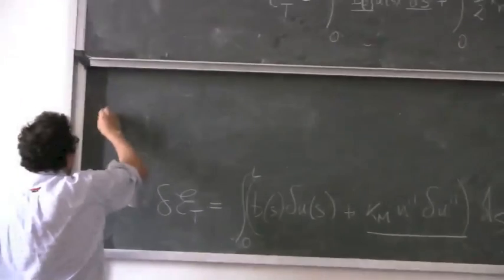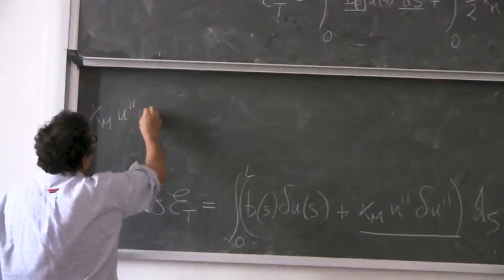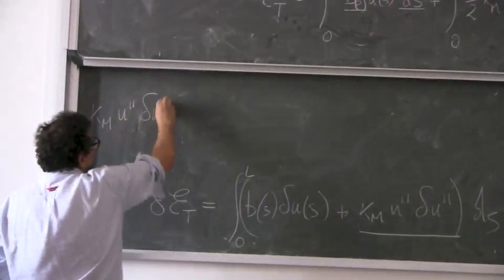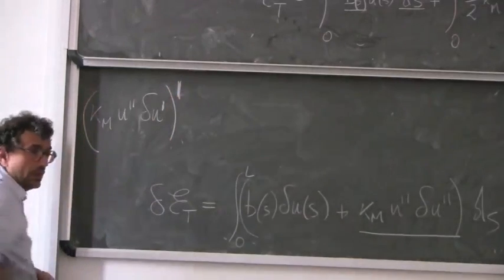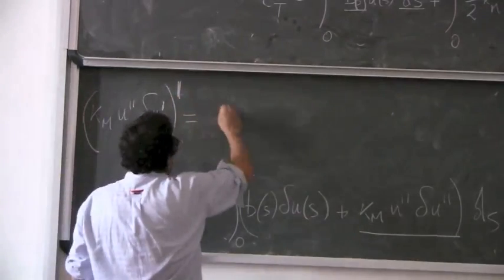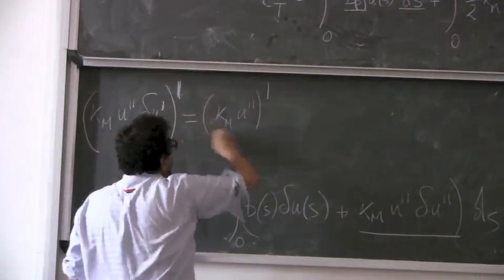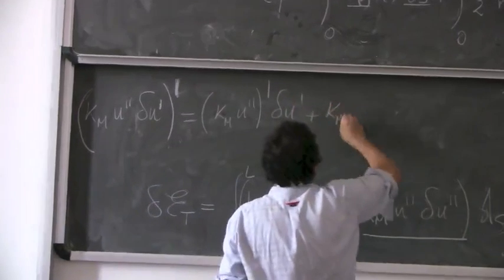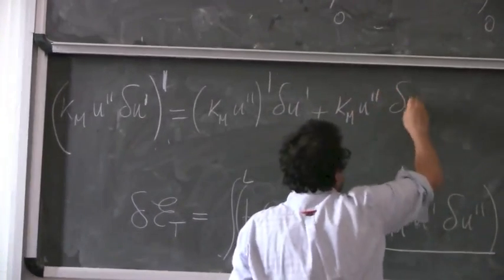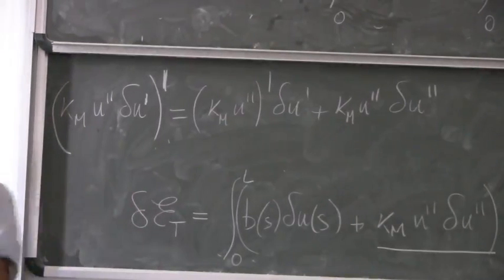Km u second delta u prime is equal to Km u second prime delta u prime plus Km u second delta u second. This is obvious. Leibniz rule. Okay?